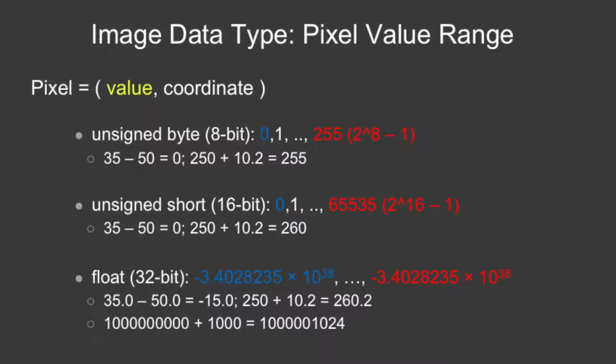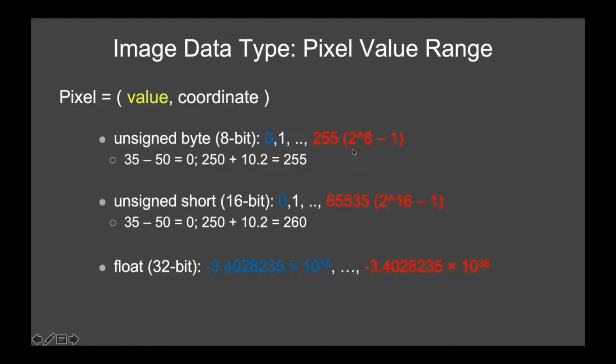Can you repeat the question? Why is 255 assigned as 2 raised to the power 8 minus 1? First of all, if I didn't make a mistake, I hope it's just what happens. But the reason is, if you have an 8-bit image, how this is stored in the computer is a sequence of 8 numbers, and they can be either 0 or 1.